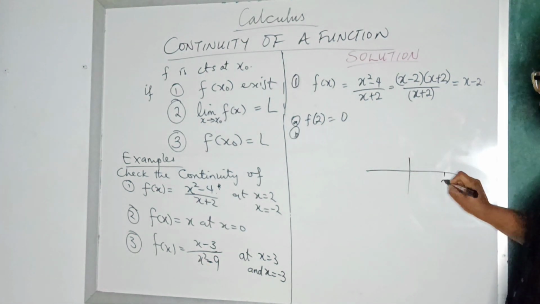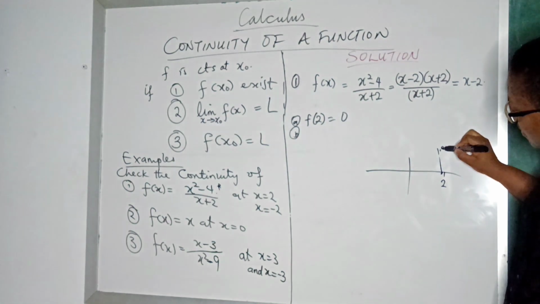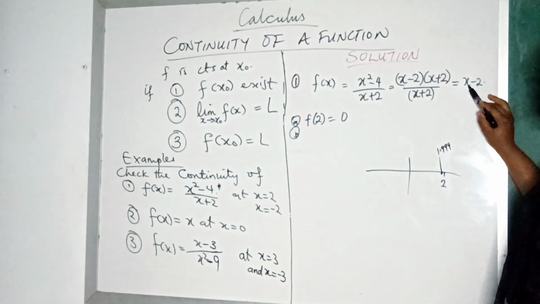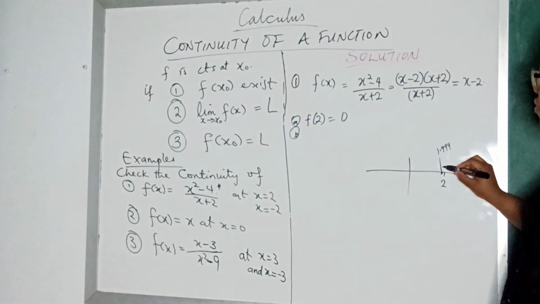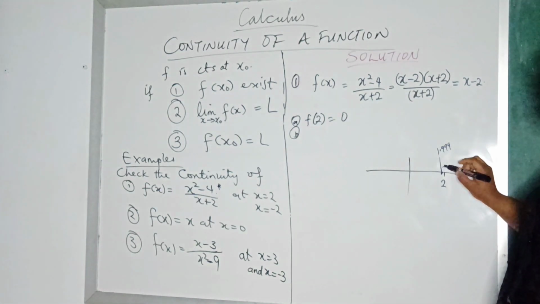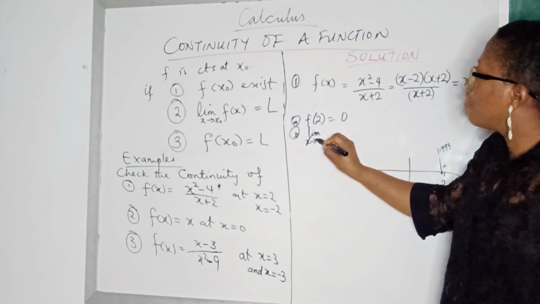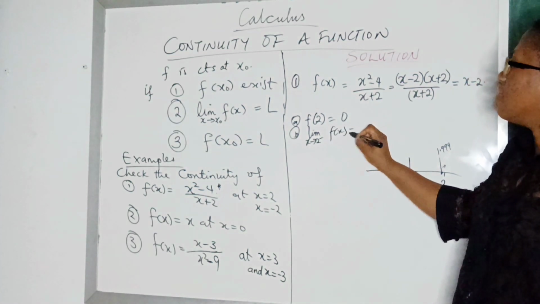The closest number you can think of is 1.999. If you put it here, it's still going towards there. The more you reduce it, the closer it gets to 0. So the limit as x goes to 2 from the left hand side of f of x is 0.